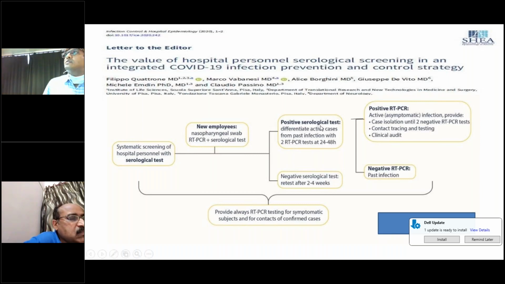If the serological test turns out to be positive, then we have to differentiate active cases from past infection with the help of 2 RT-PCRs. If the test again comes out positive with RT-PCR, then we have to go for case isolation, contact tracing, and clinical audit. And if RT-PCR turns out to be negative, this indicates a past infection.